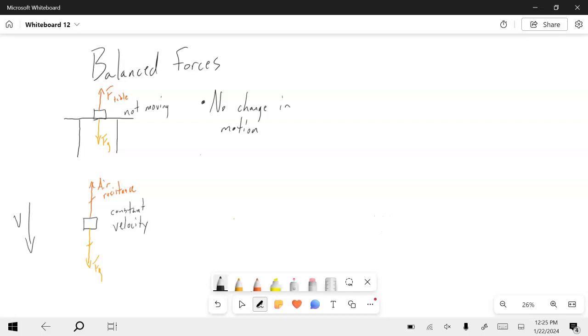All right, now let's see that those forces are equal in strength. And then forces are in opposite directions.